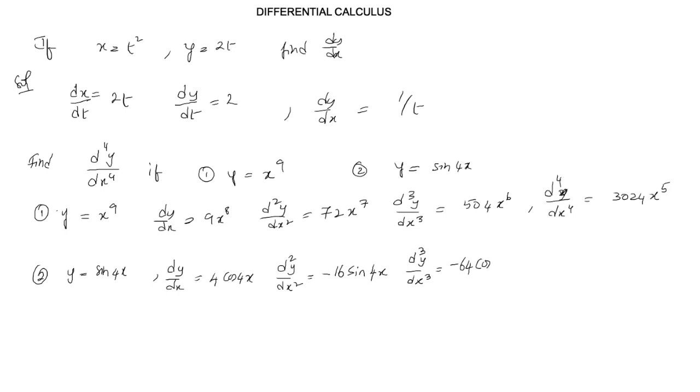And d cube y by dx cube is minus 64 cos 4x, and d power 4 y by dx power 4 is 256 sine 4x.